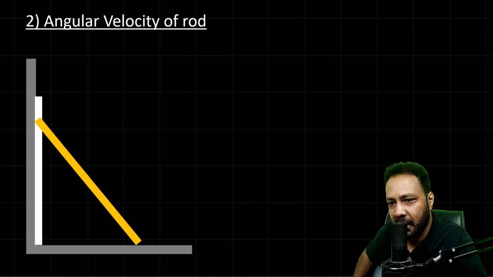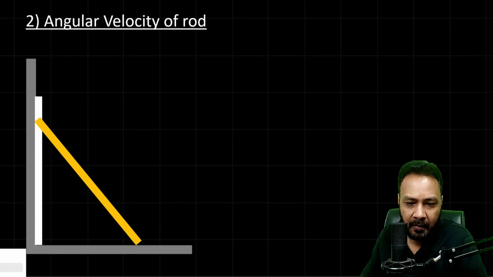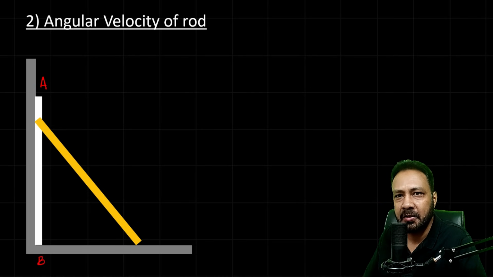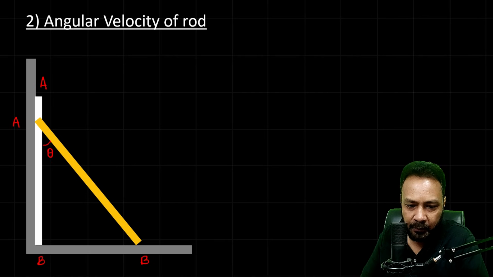And now, the angular velocity of the rod when the rod makes angle theta from the vertical. This was the initial position of the rod. Given a slight disturbance, the rod is now at this position, making an angle theta from the vertical.